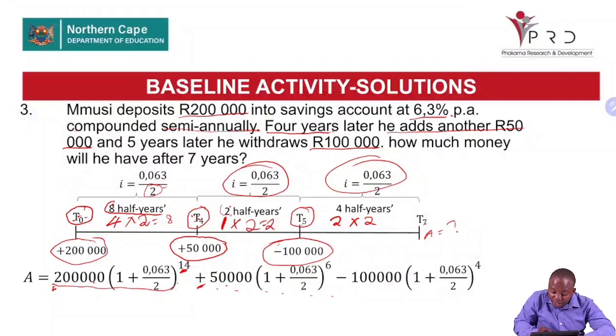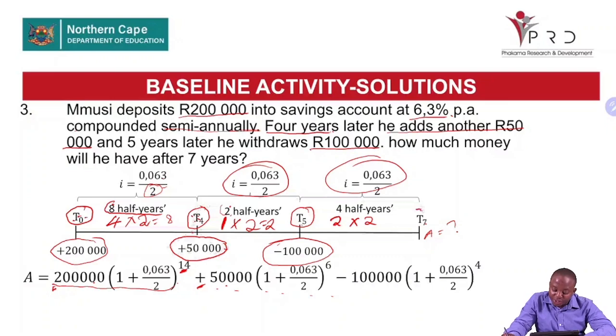Now, why 6? As I put my 50,000 at T4, how many times did this 50,000 receive interest? Or how many times was the interest added on this 50,000? The 50,000 will be put in from T4 up until T7.